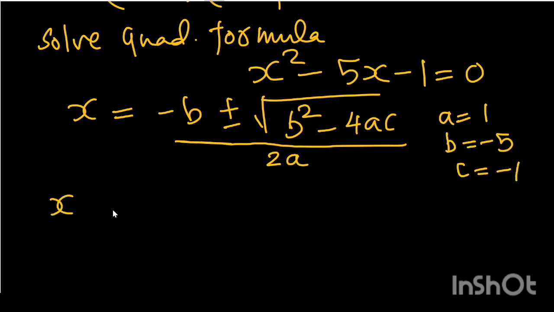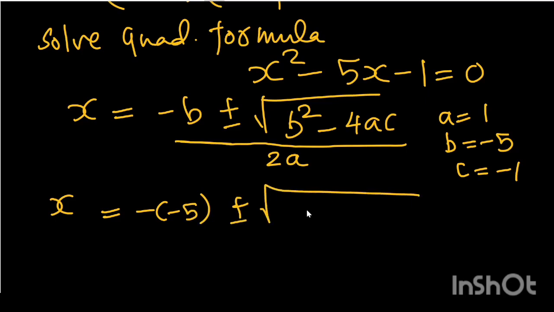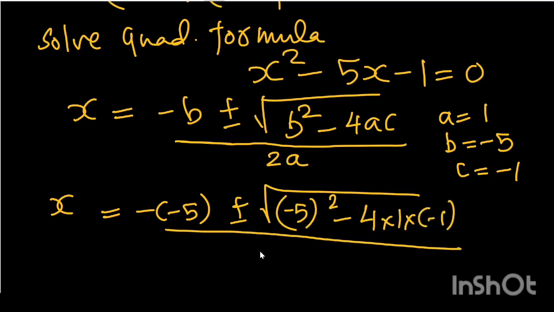Substituting: minus of minus 5 plus minus under root of minus 5 square minus 4 into 1 into minus 1, upon 2 into 1.